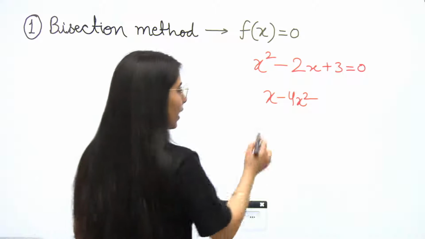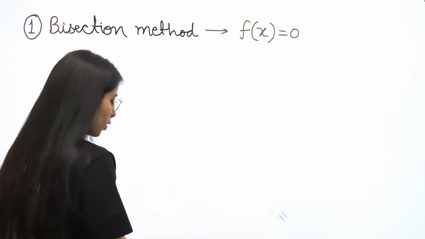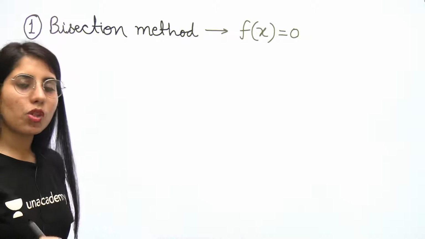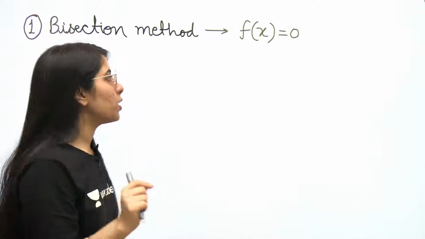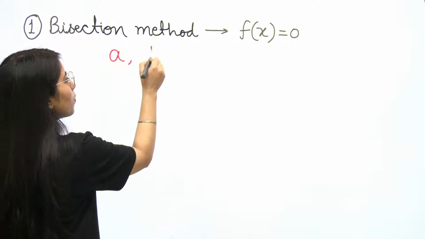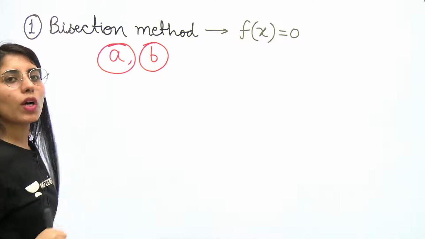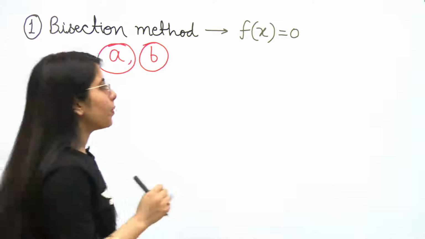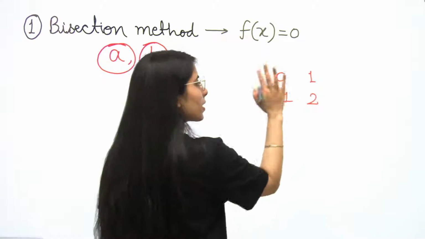Okay, so in any such case, if they are asking you to find the root of the given polynomial by using the bisection method, the very first step is that you will find two consecutive integers, a and b. For example, 0 and 1, 1 and 2, 2 and 3. Zero is allowed.